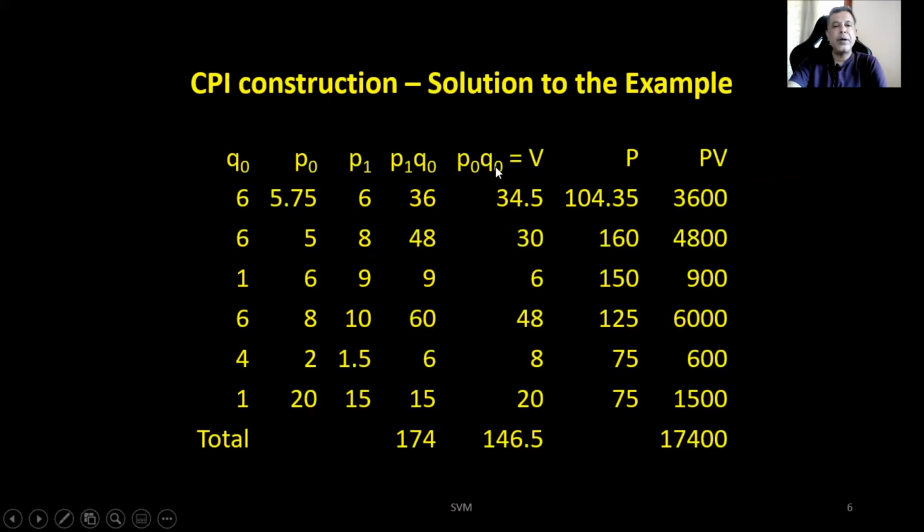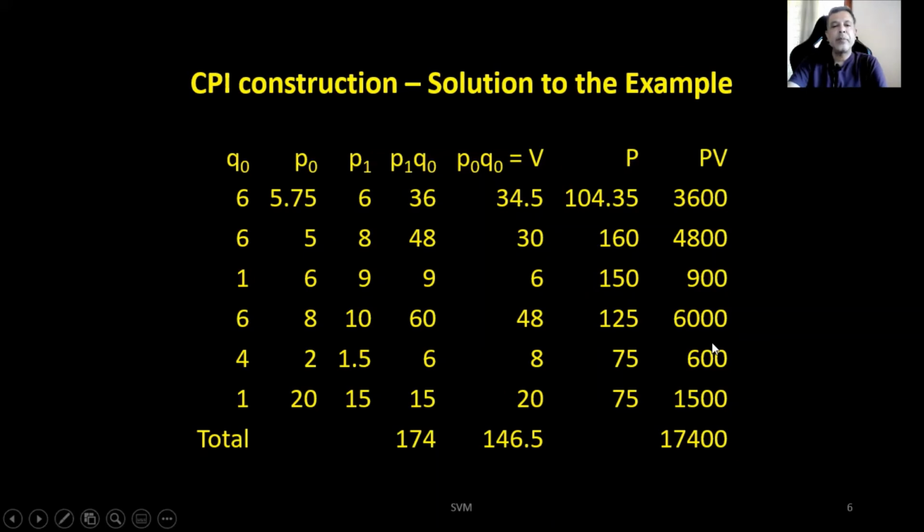We also need P0 into Q0, which is nothing but capital V. We also need the price relative, which is capital P, calculated as P1 divided by P0 into 100. In the first case it is 6 divided by 5.75 into 100. In the second case it is 8 by 5 into 100, like that. You calculate P, and then capital P into capital V, multiplying this by this.